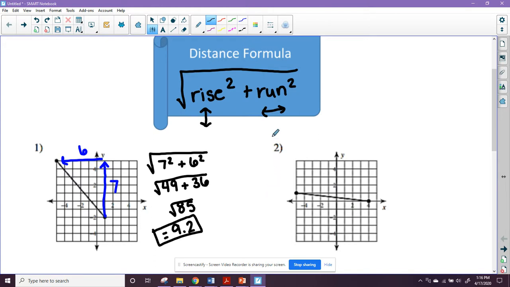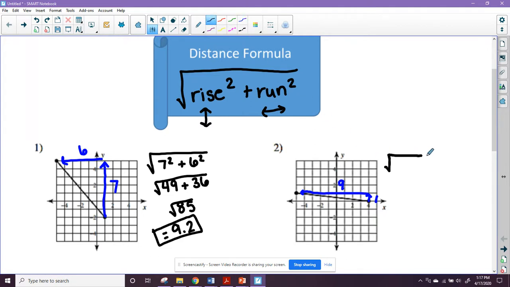Let's look at number 2. We need to know what our rise and our run is. So how far up are we going? We're going up 1. And then how far over? 1, 2, 3, 4, 5, 6, 7, 8, 9. So let's go back to our formula.